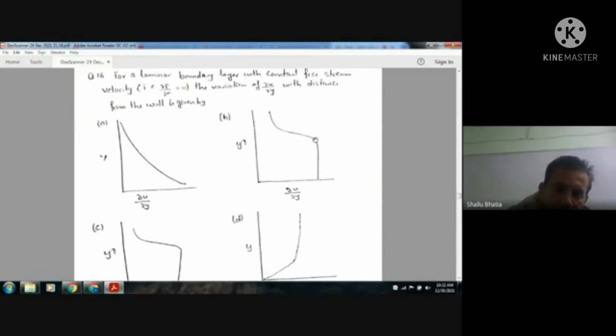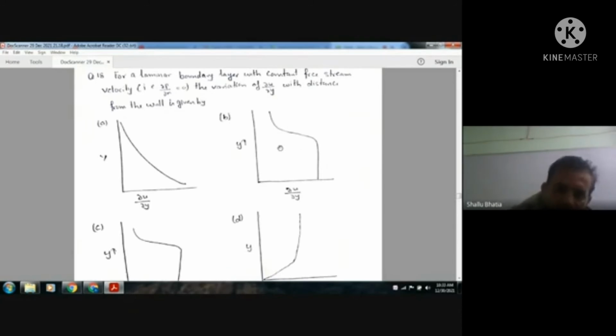When it crosses the boundary layer, then the change in velocity with respect to y will be nearly zero. So it will be like this, and after some distance it may increase also.